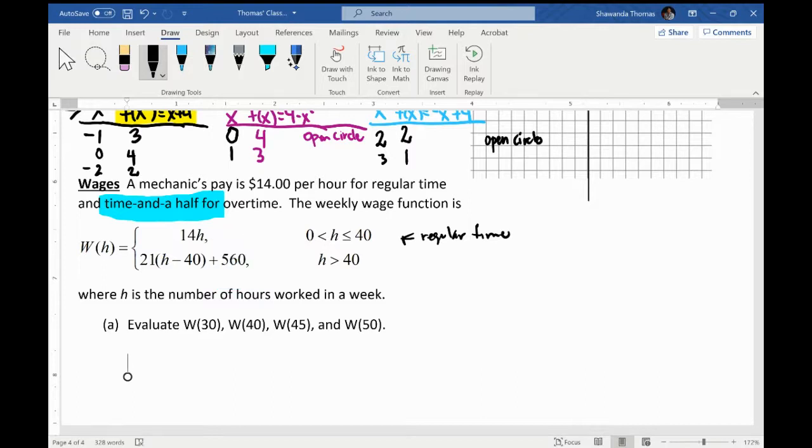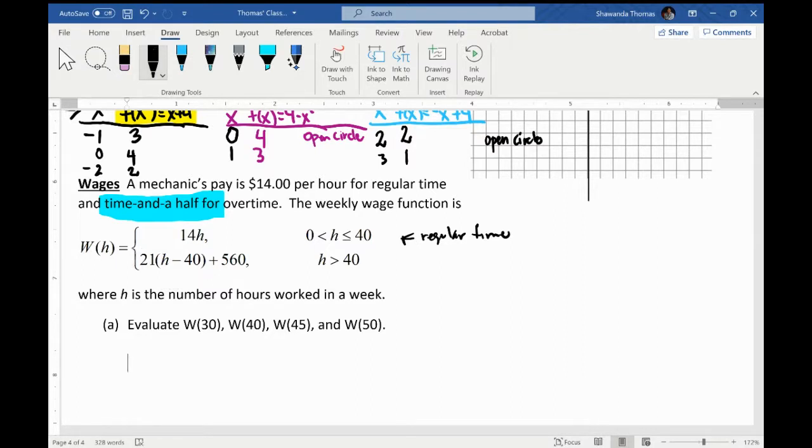So this is given. If you're working overtime, you definitely gonna get 560 because that's $14 times 40. All right, that's the 560. This part over here, in addition to your $560, you're gonna make that much money.